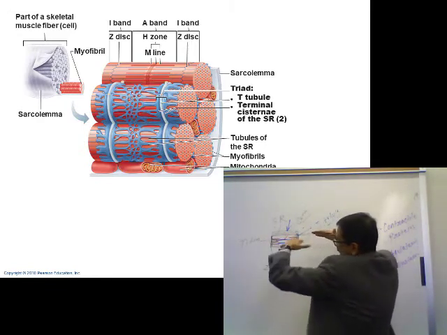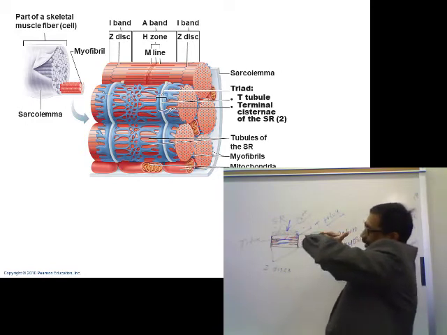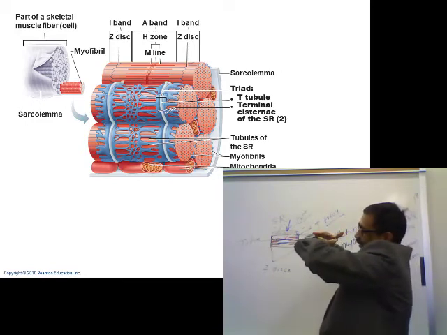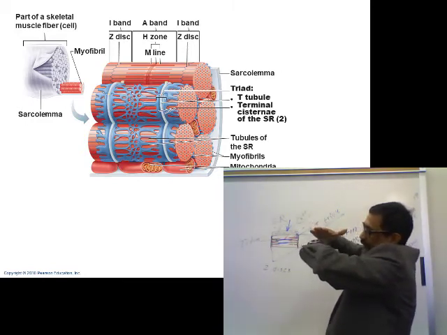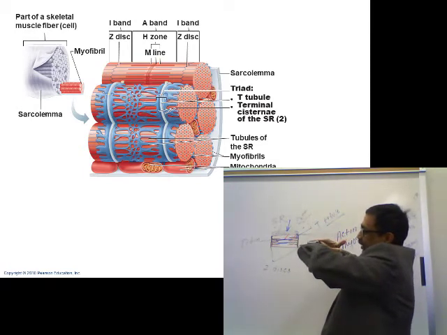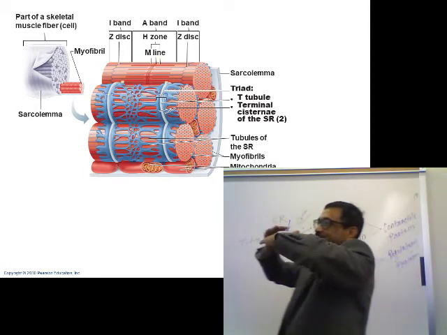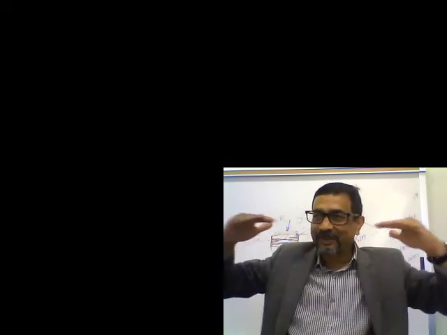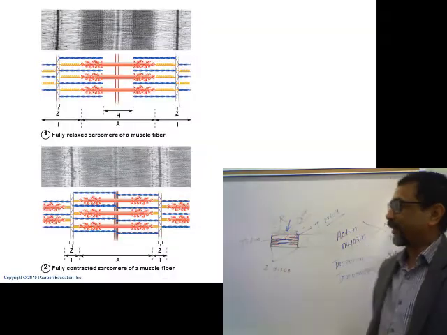This is a thick filament, this is a thin filament moving this way. So that is called the sliding filament model of contraction, because it looks like under the microscope when contraction occurs that thin filaments are sliding over the thick filament. That's why it is called that.